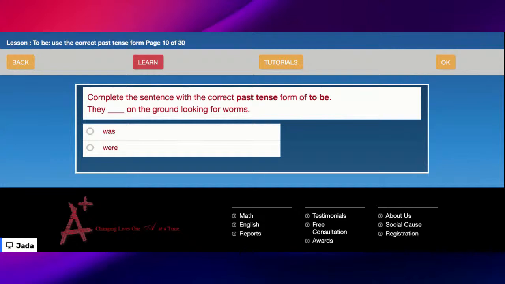What's the best answer here? The best answer would be they were. Okay. So they were on the ground looking for worms.